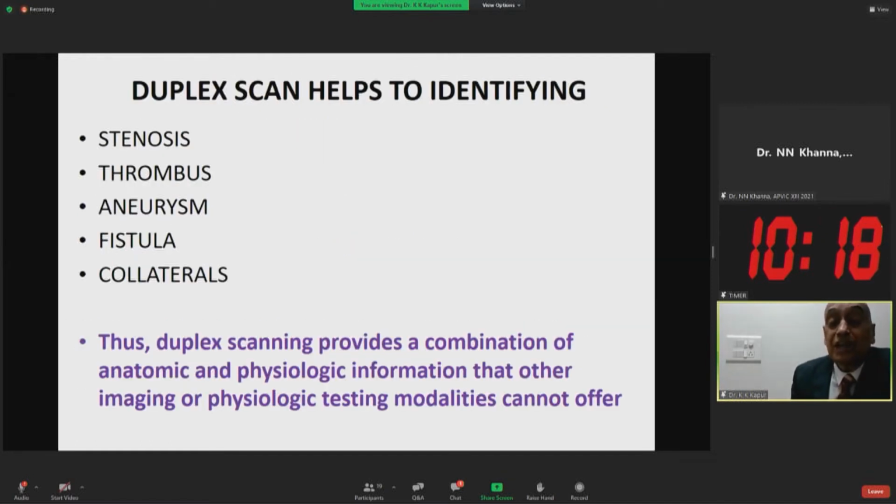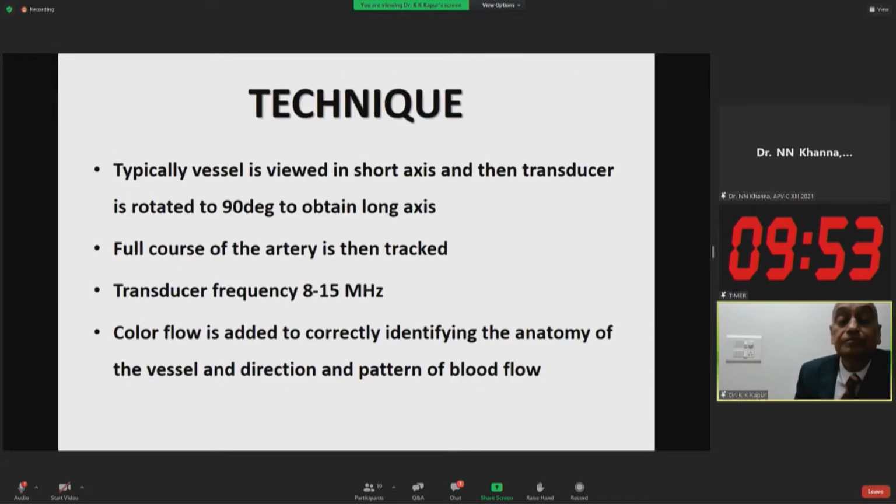So duplex scan helps to identify these pathological lesions like stenosis, thrombus, aneurysms, fistula, and collaterals. Thus, duplex scanning provides a combination of anatomical and physiological information that other imaging or physiological testing modalities cannot offer.